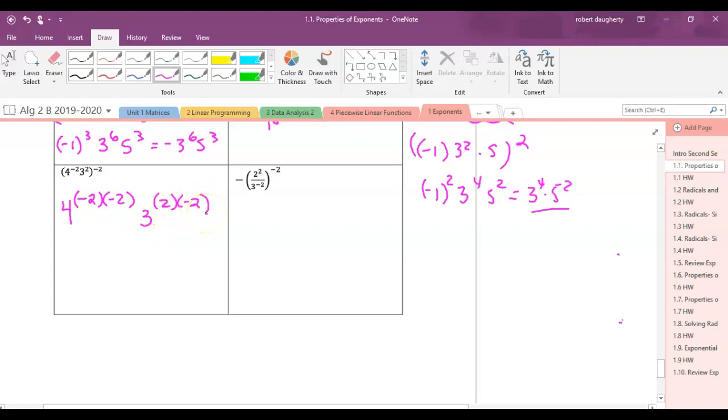Yeah, so this is what? 4 to the 4th, 3 to the negative 4th, right? Which is 4 to the 4th over 3 to the 4th. So 4 to the 4th is, what's 16 times 16? 256. So this is 256 over 81.